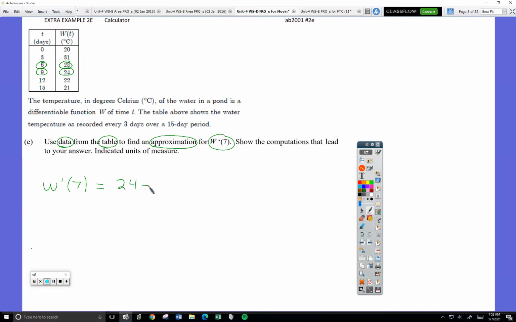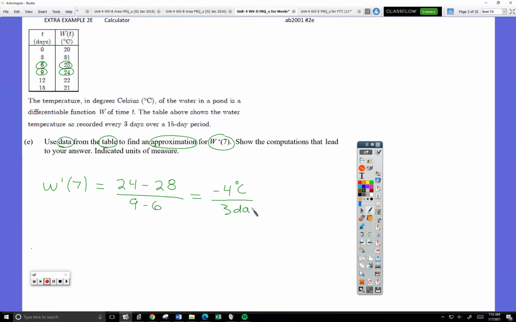On day 6, the water temperature is 28. So during that 3-day period, the average rate of water temperature change is going to be -4 degrees Celsius over a period of 3 days.